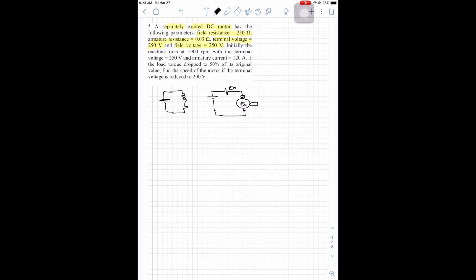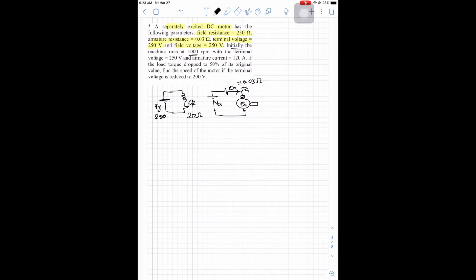EA, RA, IA, RF, VF, VA. So here we have a 250 volt field, and RF is 250 ohms, RA is 0.03 ohms. Now initially, this is a case.